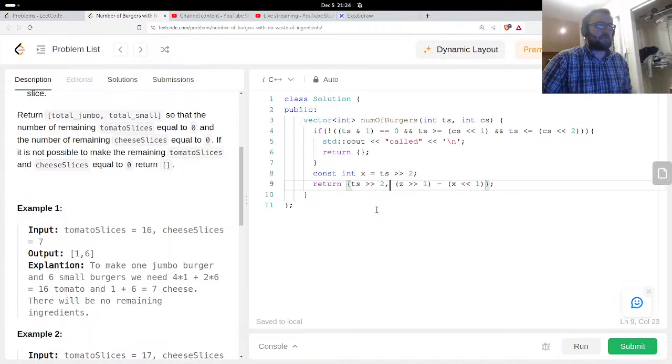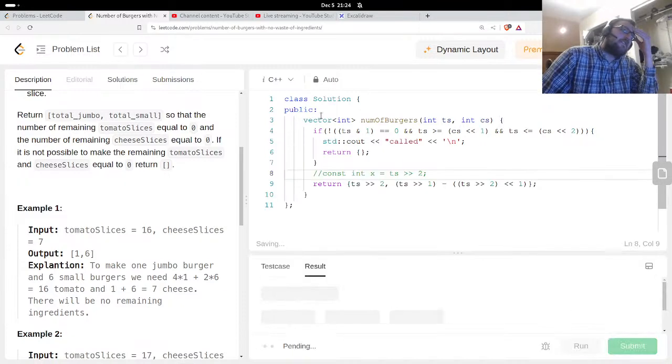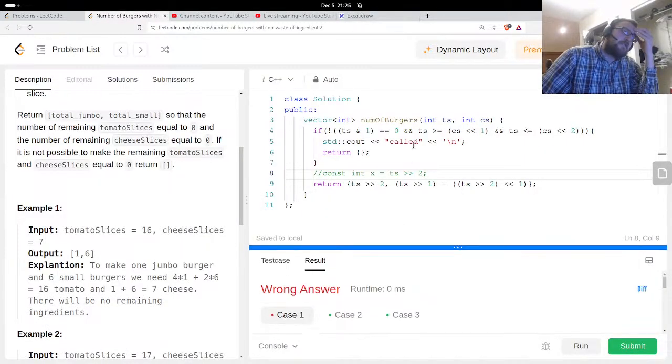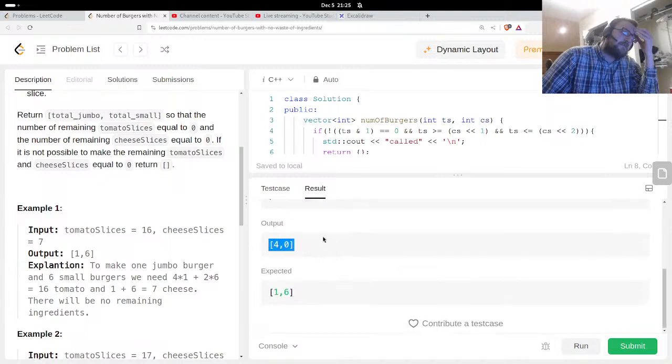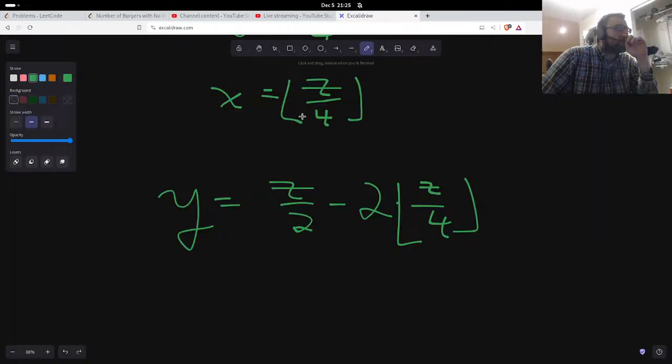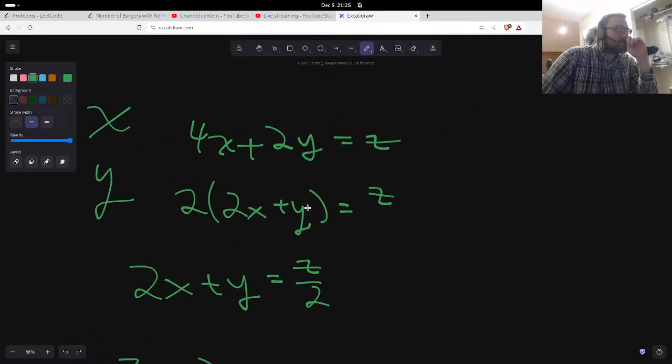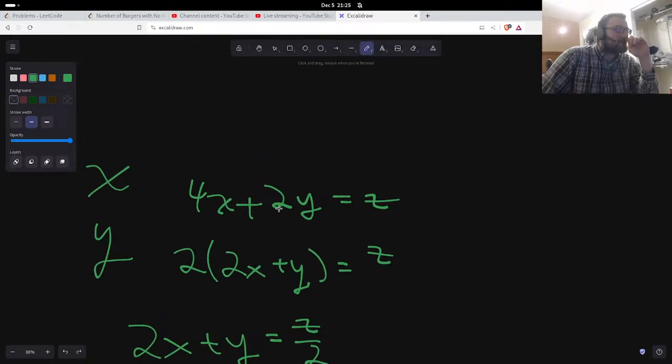Alternatively, just do this thing. Something like this. Wrong. What? Why do I keep getting 4? Why? This is wrong, right?